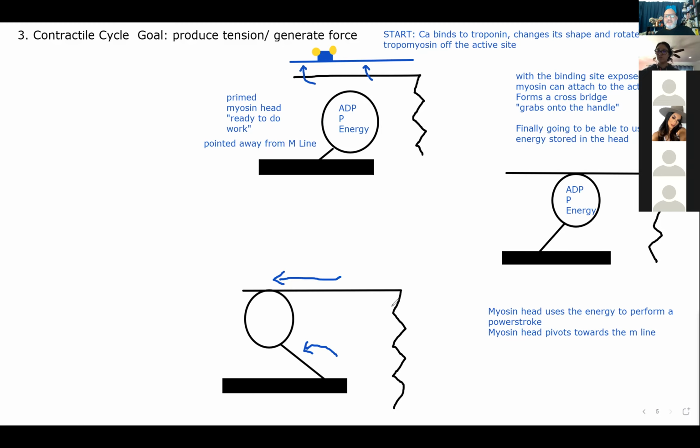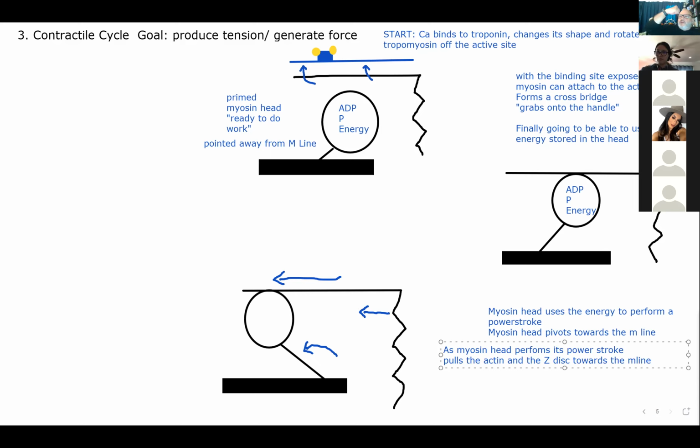And since the actin is connected to the Z disc, when the myosin head performs its power stroke, it pulls the Z disc towards the M line. So notice, the myosin head pulls both the actin and Z disc towards the M line.